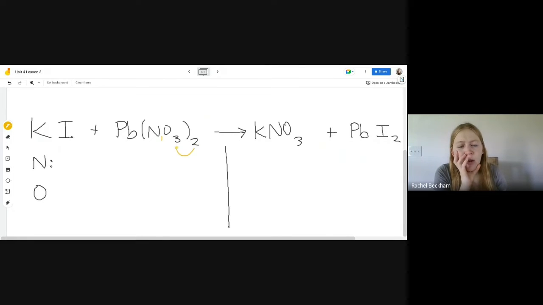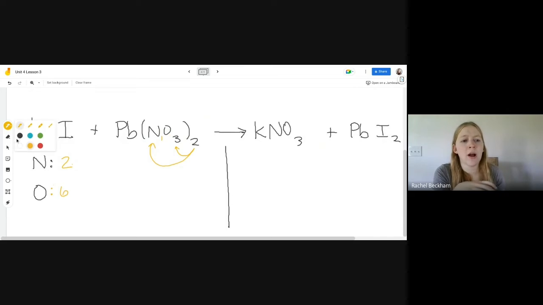This 2, because there are parentheses, is going to multiply to both substances. So that means that there are 2 N's, because 2 times 1 makes 2, and there are 6 O's, because 2 times 3 makes 6, right? Basically, I have 2 sets of NO3.